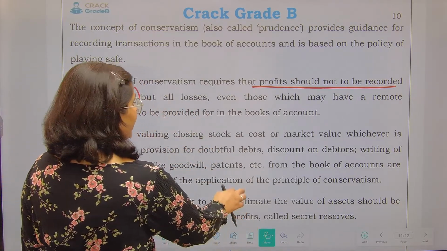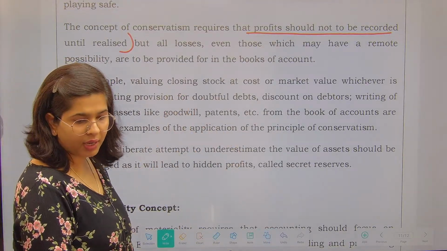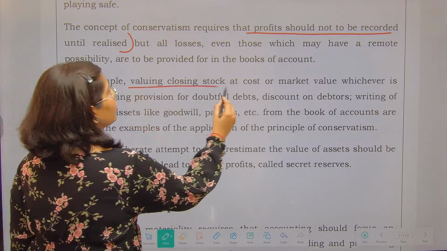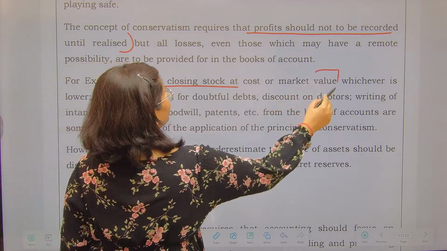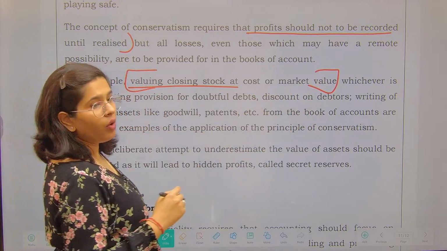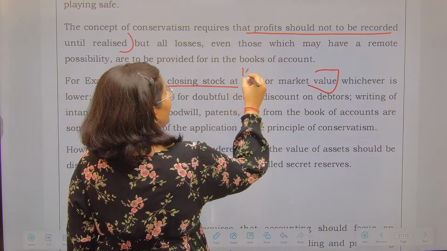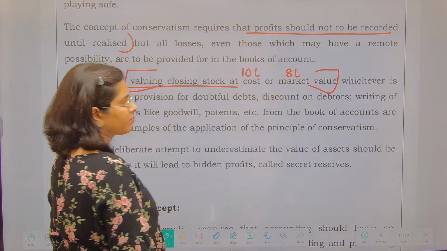अब इसके example क्या क्या हैं? Please have a look at the examples. Examples are very very important. Questions can be asked directly. So valuing closing stock at cost or market value, whichever is less. Now suppose my stock, I have prepared it at 10 lakhs, but the market value is just 8 lakhs.